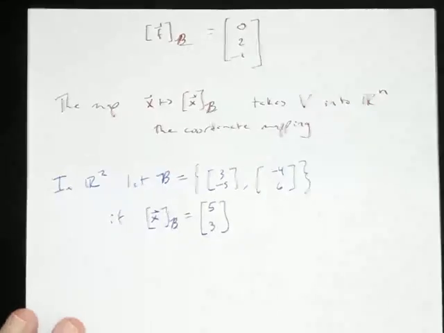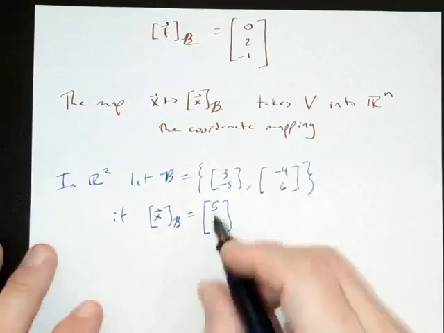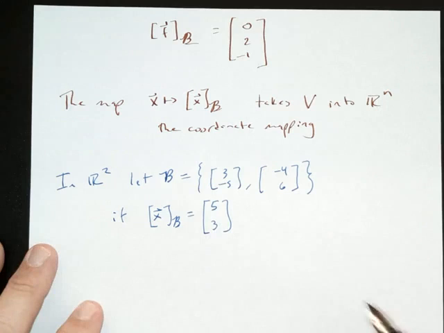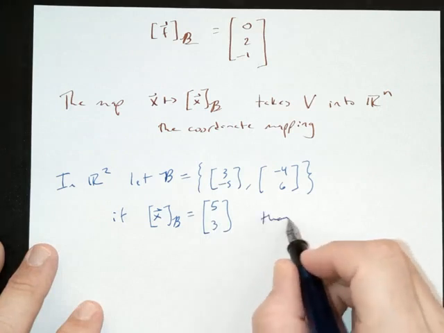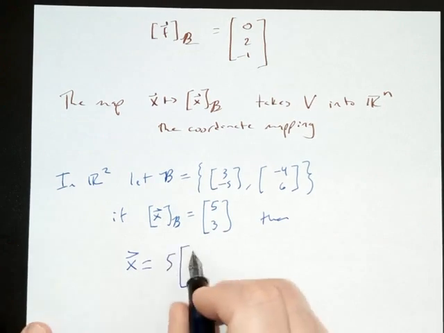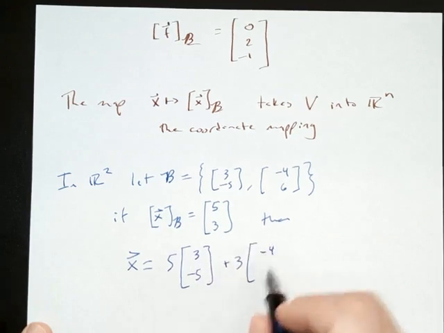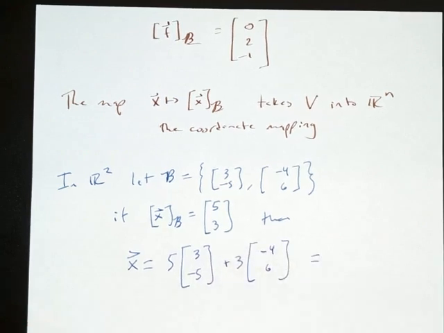Suppose I give you a basis composed of the two columns, 3, negative 5, and negative 4, 6. And then I go so far as to tell you, hey, I've got this coordinate vector. That's the same as saying that x is 5 times 3, minus 5, plus 3 times minus 4, 6. If you calculate out that arithmetic, what do you get?